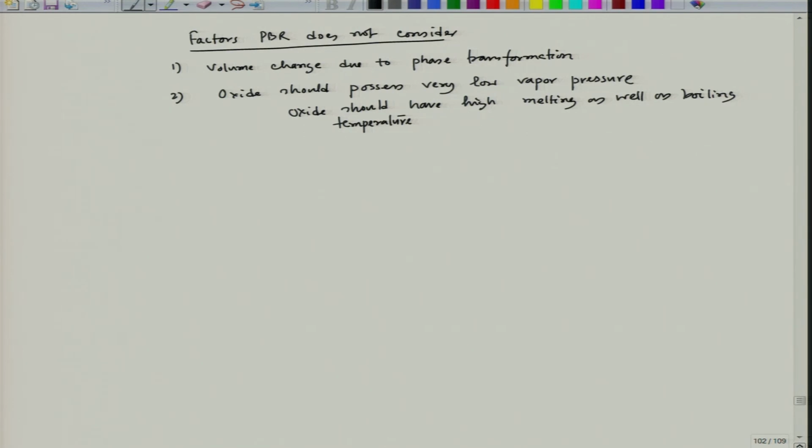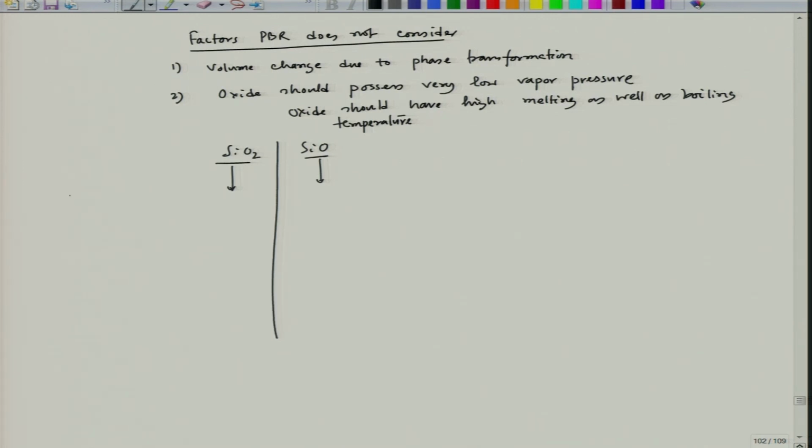The classic example is silicon oxide and these two oxides. When we talk about silicon oxide, let us calculate the PBR for both the cases.